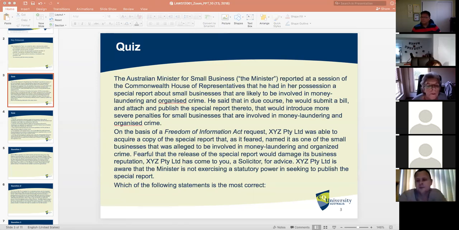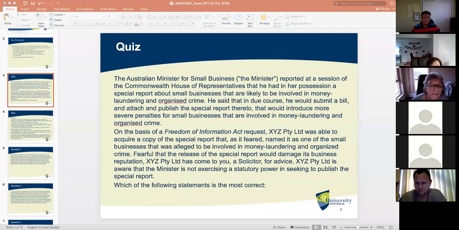That would introduce more severe penalties for small businesses that are involved in money laundering and organised crime. On the basis of a Freedom of Information Act request, XYZ Proprietary Limited was able to acquire a copy of the special report that it feared named it as one of the small businesses that was alleged to be involved in money laundering and organised crime.